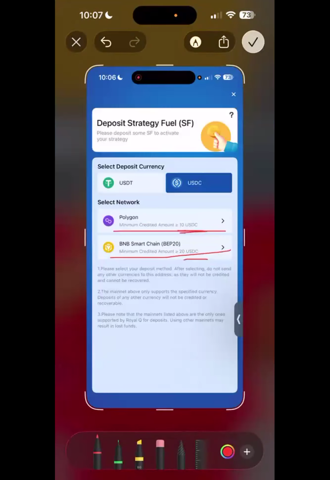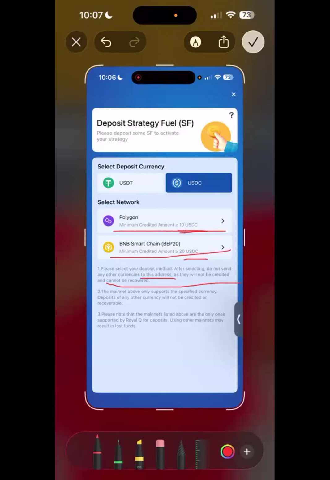So they said, please select your deposit method. After selecting, do not send any other currencies to this address as they will not be credited and cannot be recovered. The mainnet above only supports the specified currency. Deposit of any other currency will not be credited or recoverable.